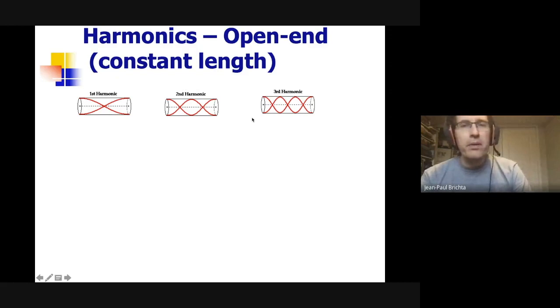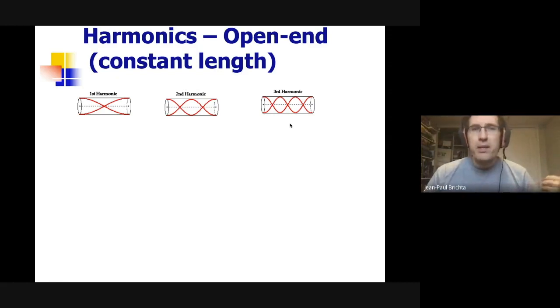And then if I blow a little harder still, then I get 1, 2, 3, 4, 5, 6. I get 3 halves of a wavelength. So again, it's very similar to what I was talking about before, but in the case before, we were actually making the tube longer. We weren't blowing any harder, we were just making the tube longer. But in this case, we're keeping the tube length the same, but possibly blowing harder, or possibly putting in a higher frequency.